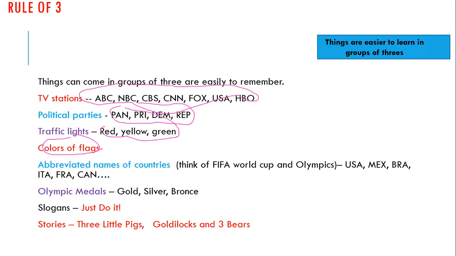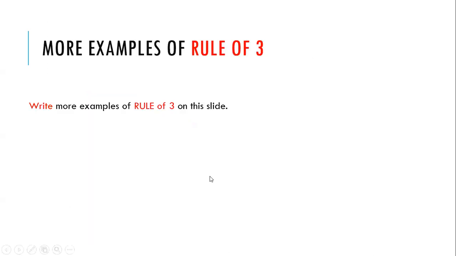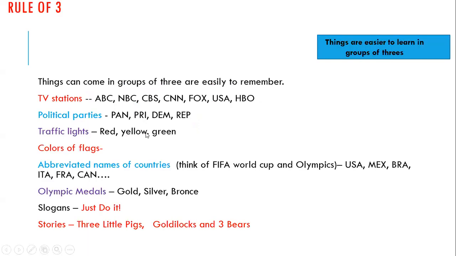If you think of the FIFA World Cup and the Olympics, they use 3-letter abbreviations to represent the countries, such as USA, Mexico, Brazil, Italy, France, Canada, and more.